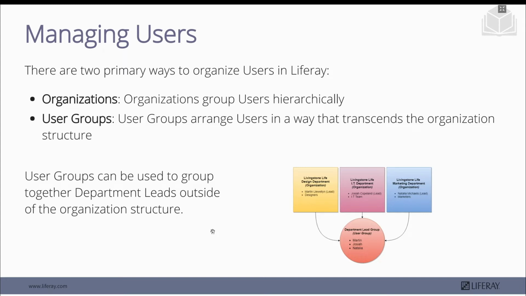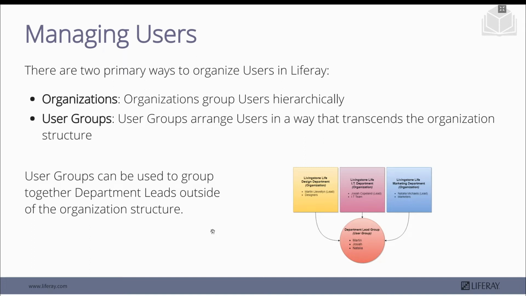We can see different users within each one of these organizations. Now let's say Martine, Josiah, and Natalia are each project leads within their respective organizations. Maybe we want to group each one of these leads.